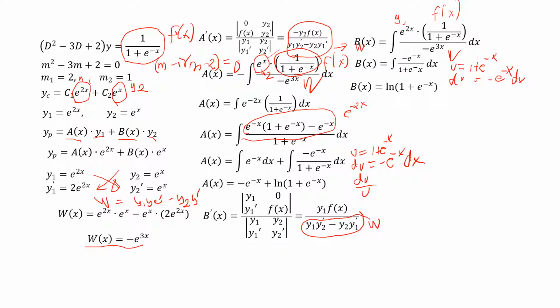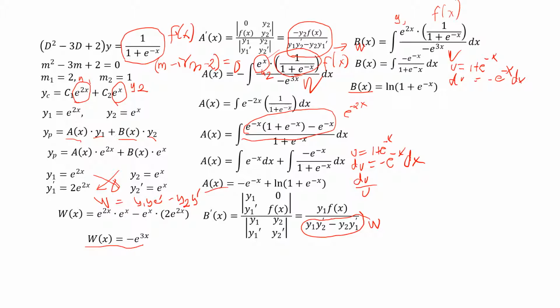So this is just du over u. So this is just ln of 1 plus e to the minus x. So you know already b of x, and you know already a of x.